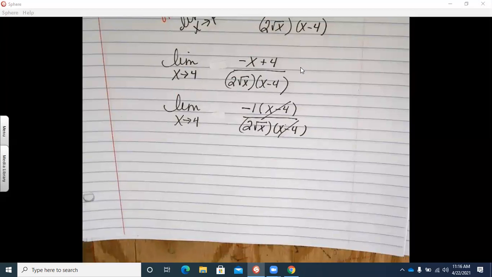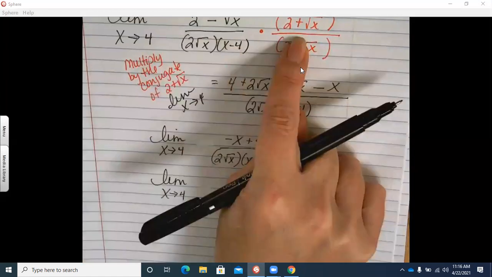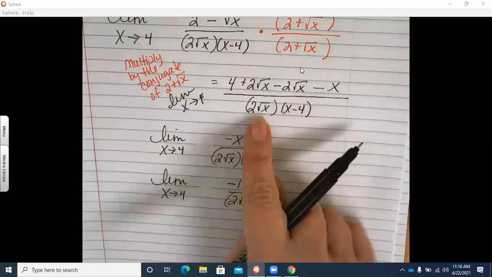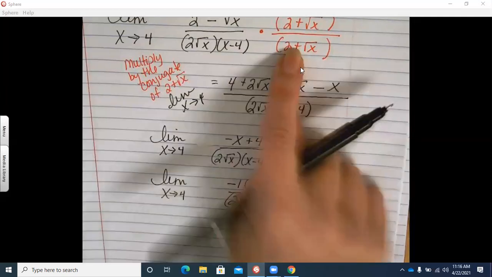Oh, Michaela, you bring up a good point. I made a mistake. Michaela said, where does the 2 plus the square root of x go when you multiplied it in the denominator? Up here, when I did the numerator, I've distributed all that out, but in the denominator, I only brought down 2 square root of x and x minus 4. I was wanting to be careful not to multiply anything out, but I forgot to bring down 2 plus the square root of x.